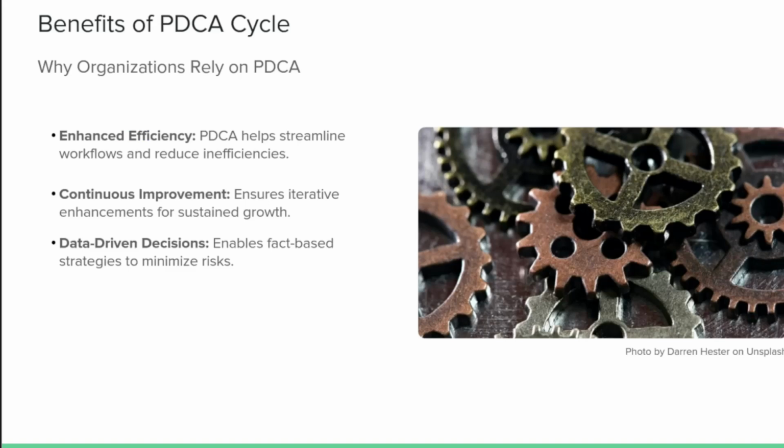Now, the organizations adopt the PDCA cycle because it delivers significant benefits across various industries. One key advantage is enhanced efficiency. By systematically analyzing and refining processes, businesses can eliminate redundancies and improve workflow.